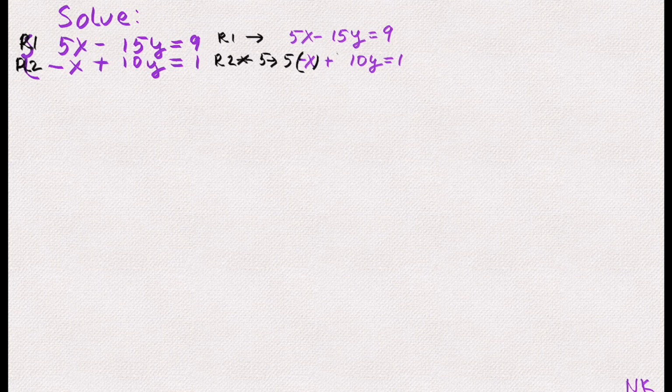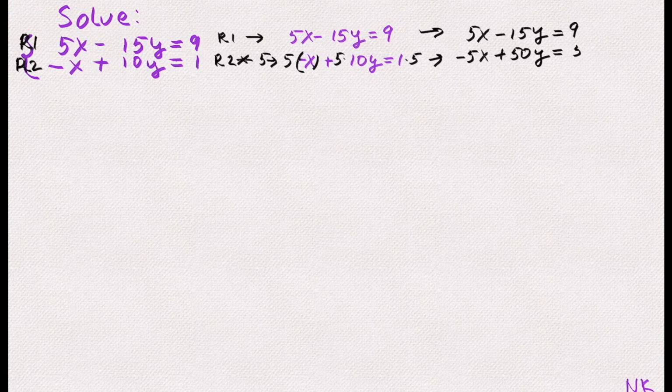term by 5. So now row 1 is still the same, which is 5x minus 15y equals 9, and row 2 will be positive 5 times negative x, negative 5x, then 5 times 10, plus 50y equals 1 times 5, 5.